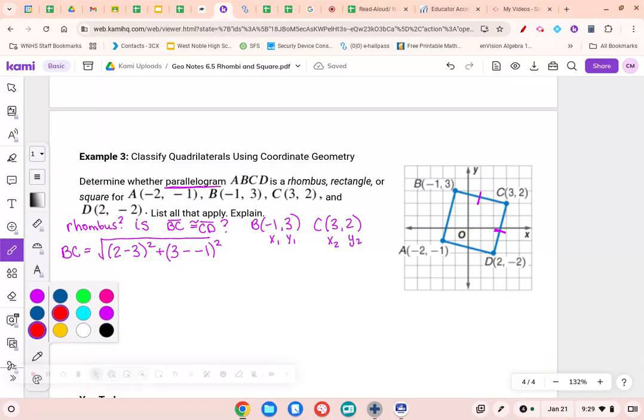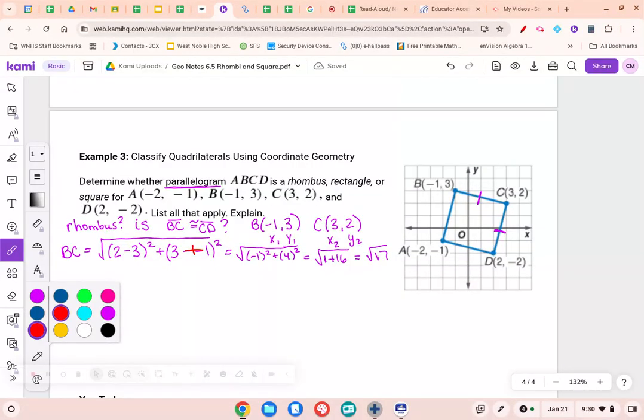Notice this minus a negative becomes positive. We'll keep solving. We have -1 squared plus 4 squared. So this becomes 1 times 1 is 1, plus 16, or the square root of 17, which I'm just going to leave like that.